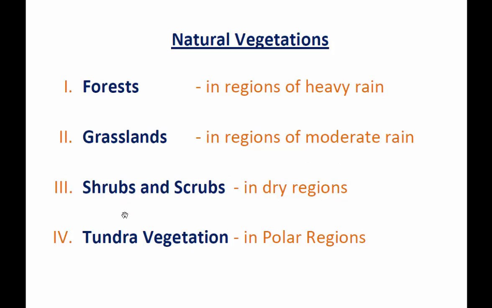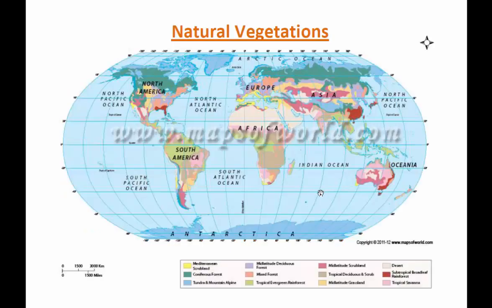Shrubs and scrubs are found in the drier regions of the world or mostly in the desert regions. Tundra vegetation, they are found in the polar regions. And there is still one more type of vegetation called alpine vegetations, which are found in the mountainous regions of the world. Alright, so we are going to learn all these types of natural vegetation in detail.